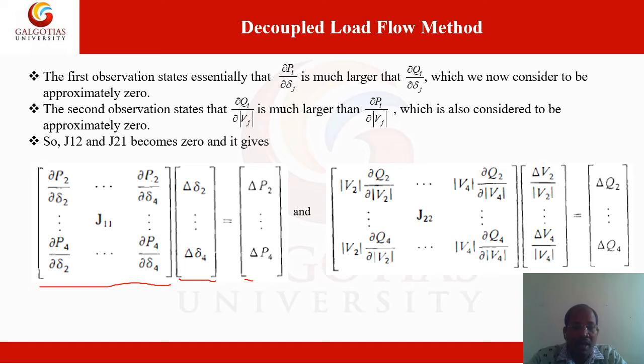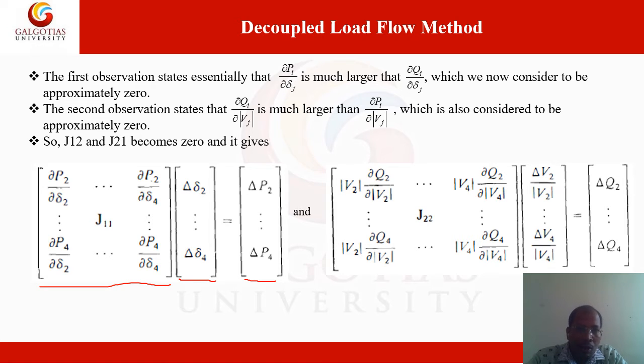This is the mismatch power in terms of the active power. We have to calculate the mismatch power same as we already discussed in the Newton-Raphson load flow method. And after that we have to calculate J11 using the partial derivative approach.